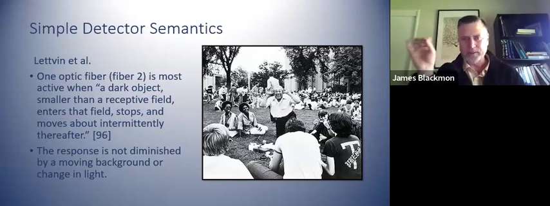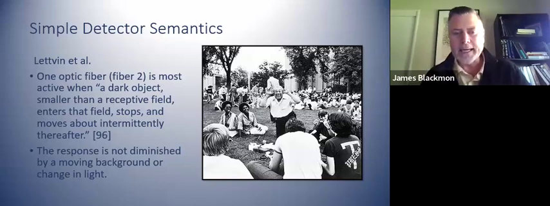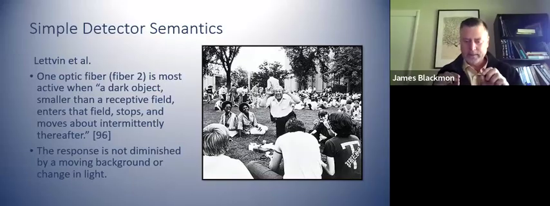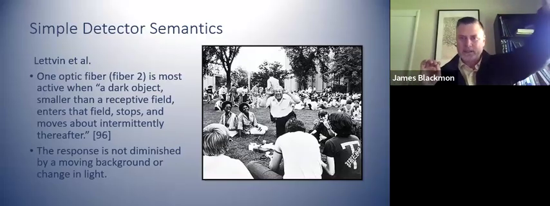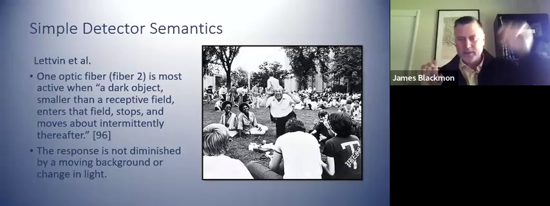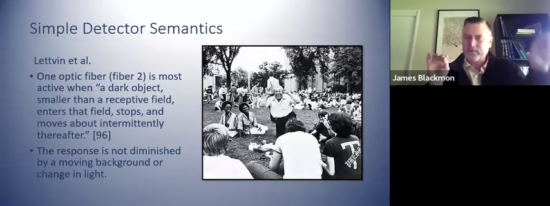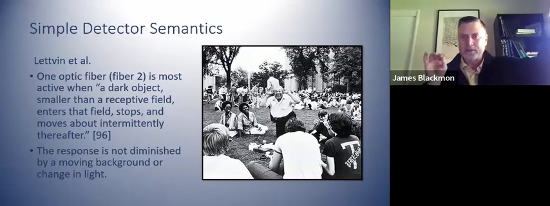It kind of randomly moves and stops, moves and stops. And a receptive field is for some fibers in your visual field. There are certain areas of your visual field, and some neurons are only sensitive to what's going on in certain areas. So if you have a neuron, the receptive field is the area of the visual field where something that it's paying attention to, that it's sensitive to.